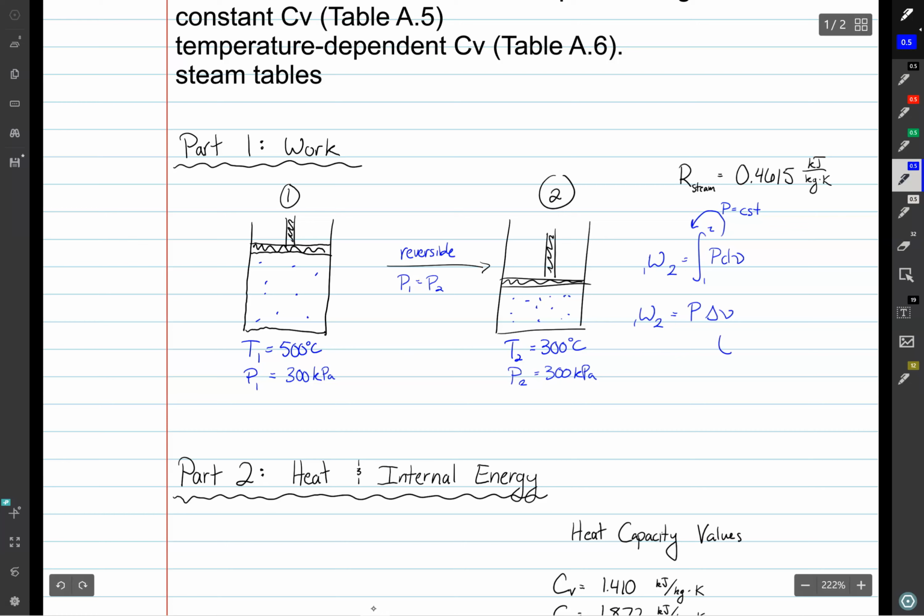We can flip this around because for an ideal gas, specific volume equals RT over P. So we can calculate the work as pressure multiplied by RT2 over P minus RT1 over P. The P's cancel out, and this is just R times T2 minus T1.